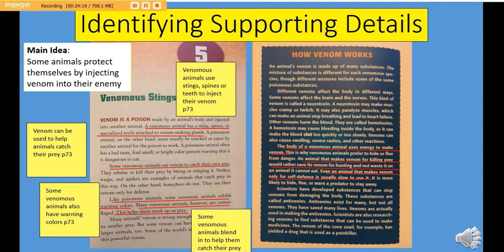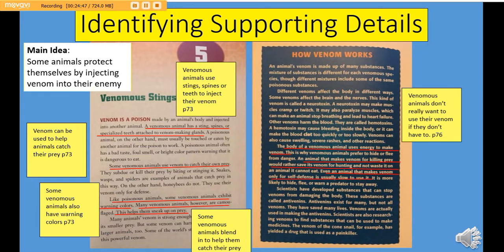Even an animal that makes venom only for self-defense is usually slow to use it. And I found that was really interesting, looking at our main idea that they protect themselves by injecting venom, but that they'd rather not do that. So I'm going to paraphrase that information by saying venomous animals don't really want to use their venom if they don't have to.